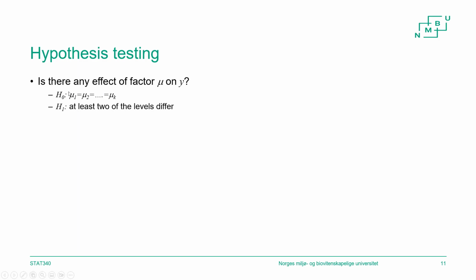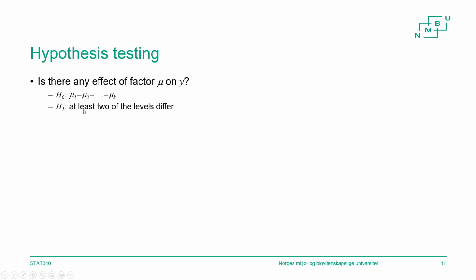And this corresponds to when we in the regression setting tested if the slope was 0, right? And here there is no slope, but if there is no effect of moving from one factor level to another, it's the same as no increase or decrease, right? It stays constant. So this is the null hypothesis.